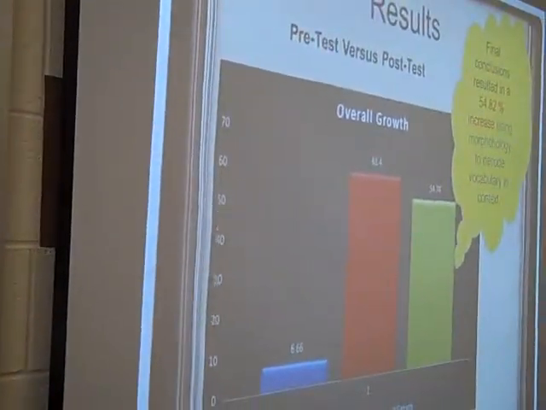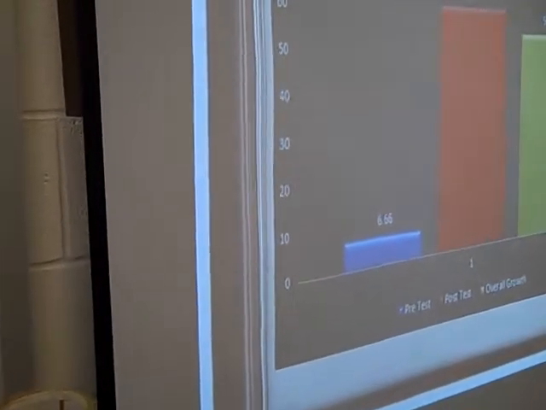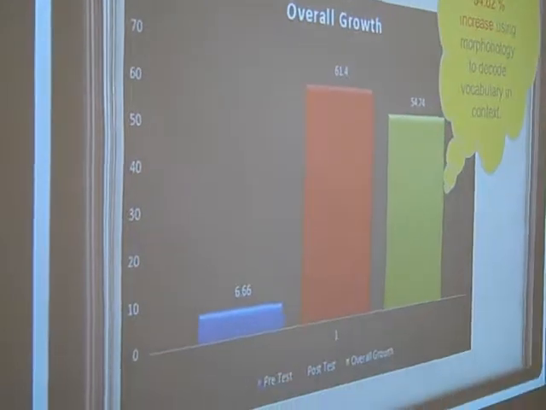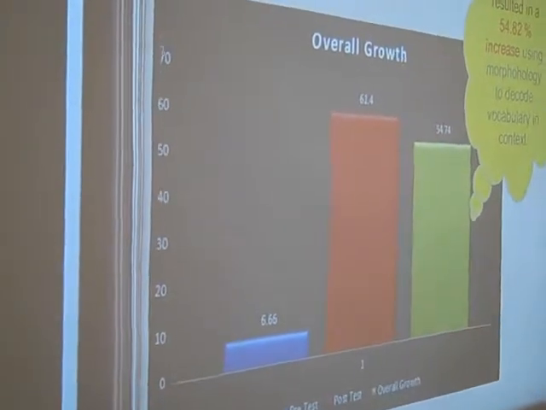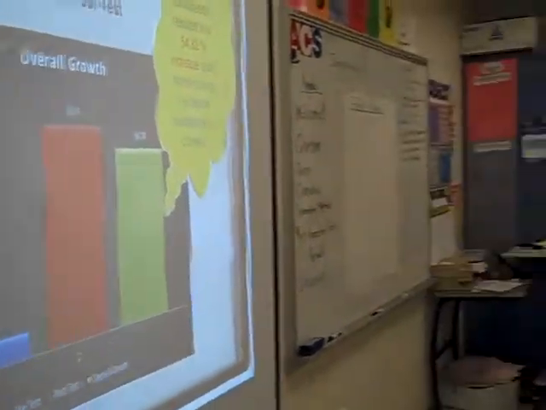They started out at 6.66, the post-test is 61.4, and the overall growth was 54.74. What do you all think about that? It's an awesome job. Significant anyway, for 15 days. Can you imagine if we did it for a semester or 2 semesters?